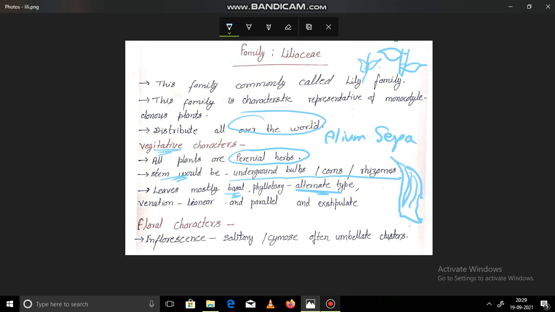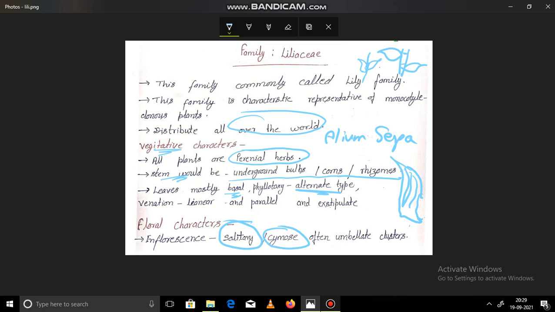When it comes to the floral characteristics, that means the characteristics of the flower. When you look into the inflorescence, that means the flower arrangement, it is solitary. Solitary means there will be only a single flower on one stem. Or it might also be cymose. Cymose means a cluster of flowers.